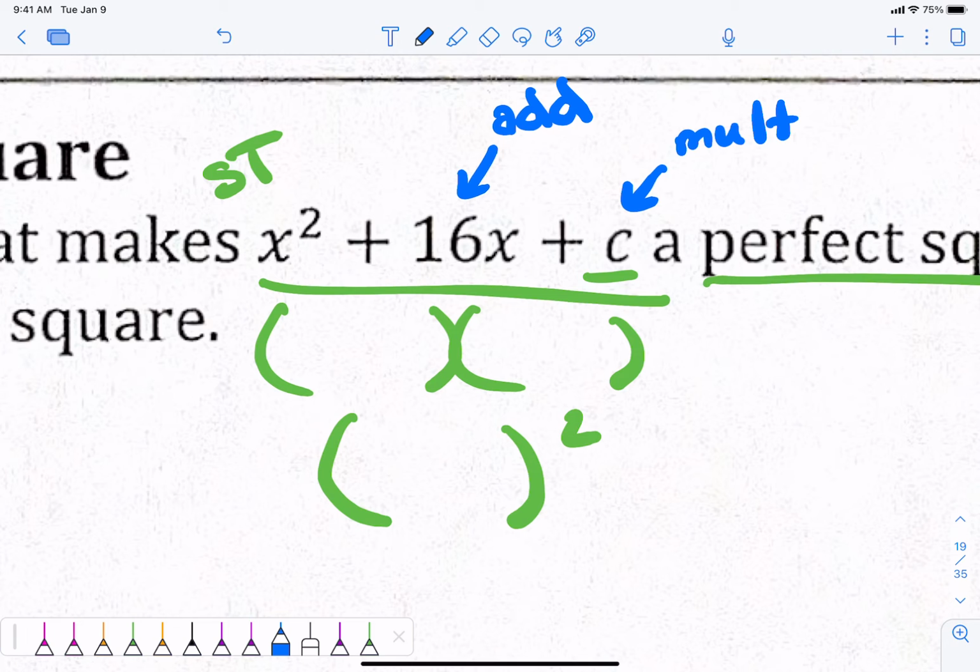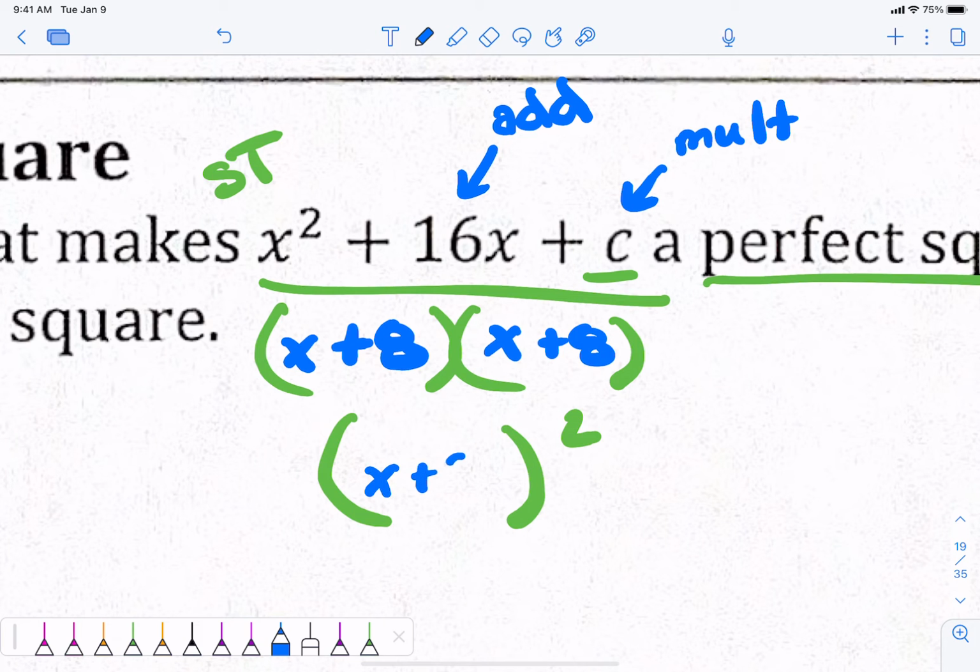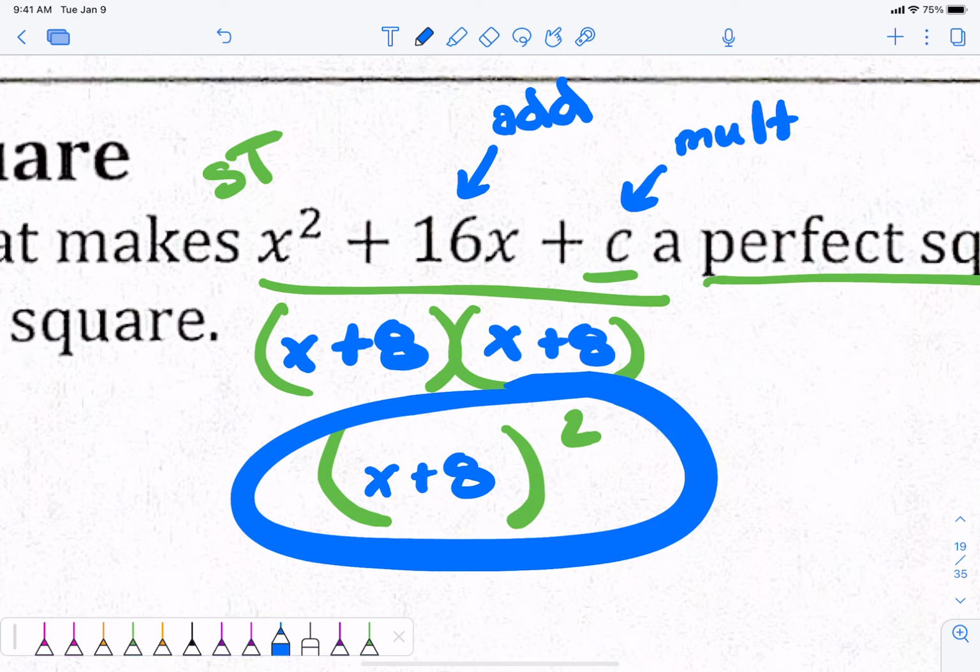So what number is the same number that adds to be 16? 8. So I want to have x plus 8 and x plus 8. So eventually I can write that as x plus 8 squared.